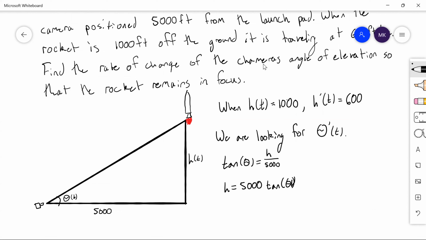Now you may be wondering why I didn't use inverse tangent to solve this for theta and get a theta equation. The reason very simply comes down to the fact that the derivative of inverse tangent is not nice. I don't want to do that. So I'm going to stick with this because the derivative of tangent is just secant squared, and that's a far easier thing to deal with than what we're looking at here.